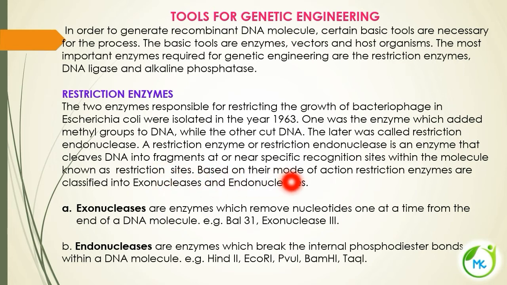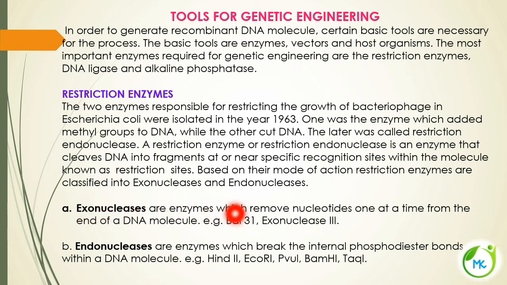Based on their mode of action, restriction enzymes are classified into exonuclease and endonuclease. First, what is exonuclease? These enzymes remove the nucleotides one at a time from the end of the DNA molecule. If it removes the DNA from the end, then it is called exonuclease.